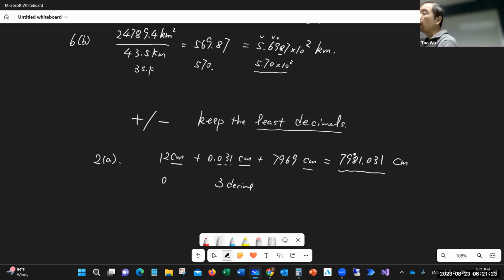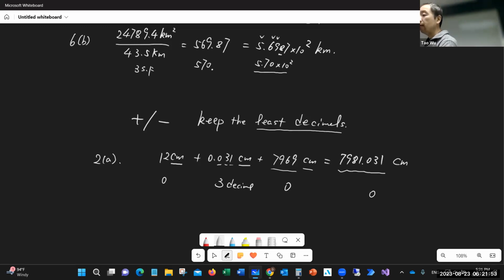Again, I need to emphasize the decimal number is different from sig fig. And this one, since it is a whole number, has 0 decimals. So 0 decimal, 3 decimal, 0 decimal, added together, we should keep 0 decimals, right? Because we're going to keep the least decimals.